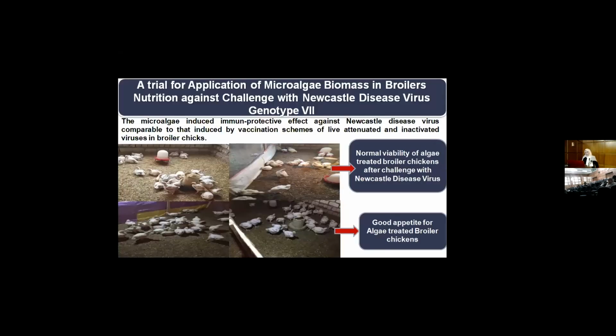A trial for application of microalgae biomass in broiler nutrition against challenging with the Newcastle disease virus genotype 7. Normal viability of algae treated broiler chickens after challenging with Newcastle disease virus, and good appetite for algae treated broiler chicken was significant.